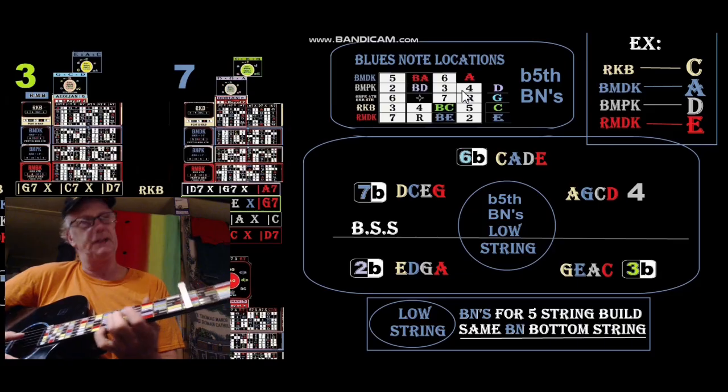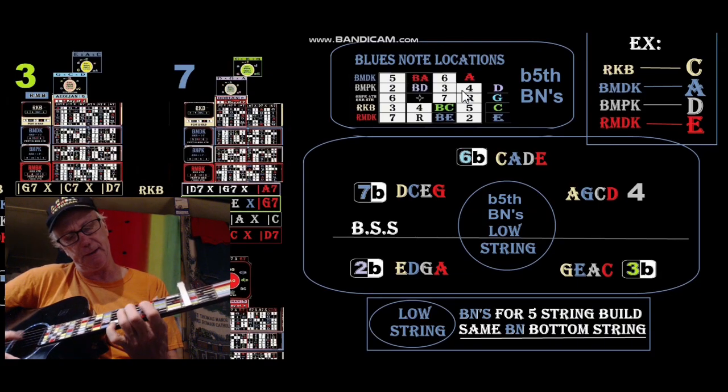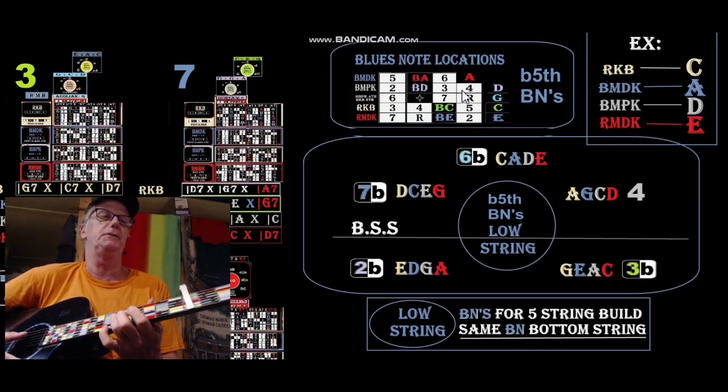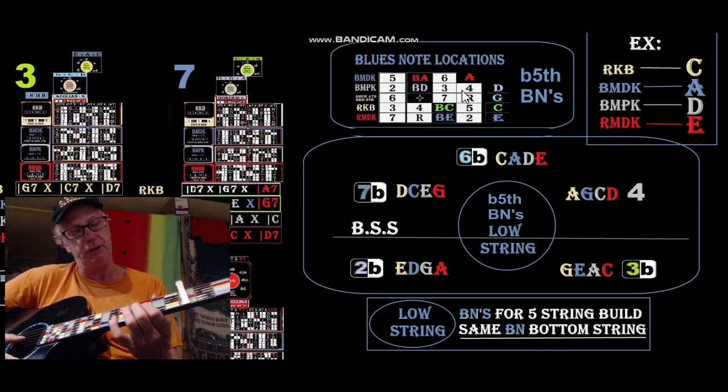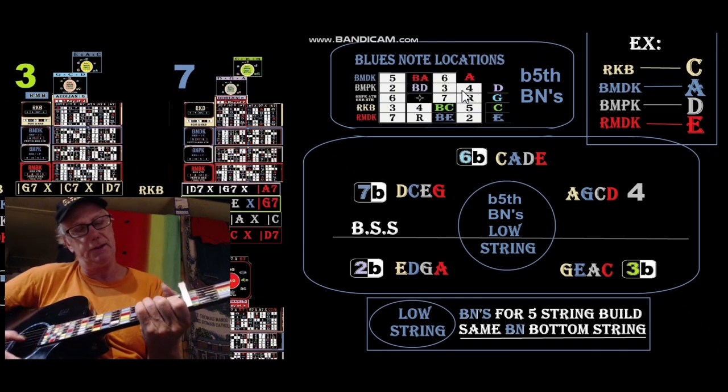Except we can take it on up. We can take it on up to the, if we want to, take it up to the A flat there, but we're not going to do that because it's the pentatonic key. So it goes like this.